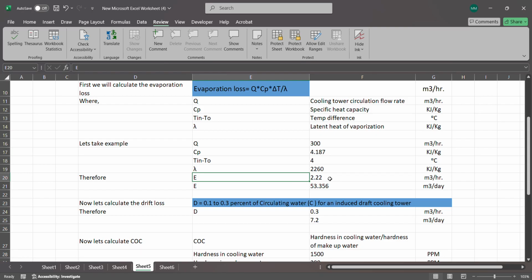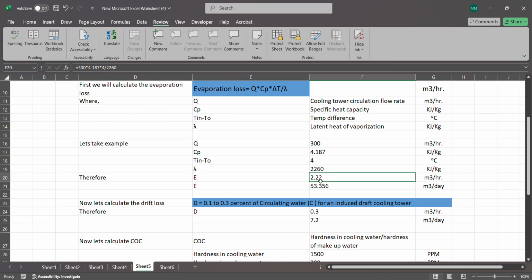Now let's calculate by using this formula. We multiply 300 by 4.187, multiply again by the temperature difference, and divide this by 2260, the latent heat of vaporization.